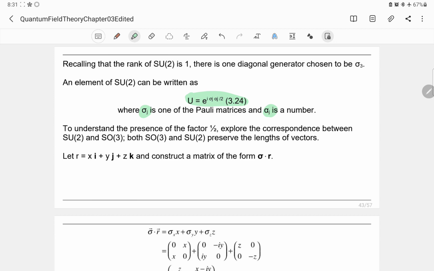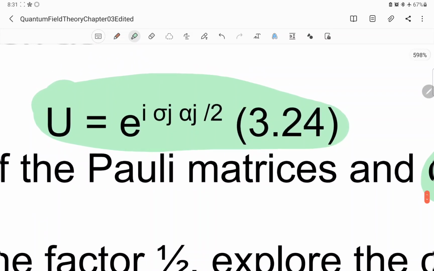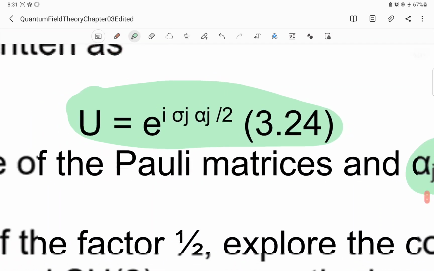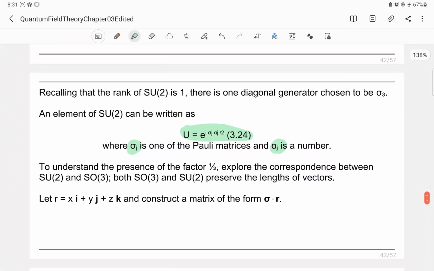By the way, if you can't see that, it is sigma j alpha j, not sigma j sigma j sigma j.